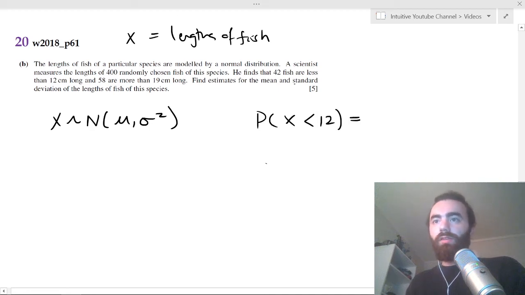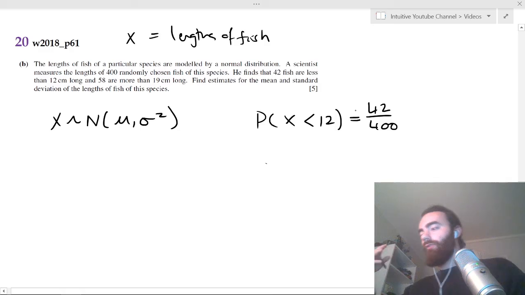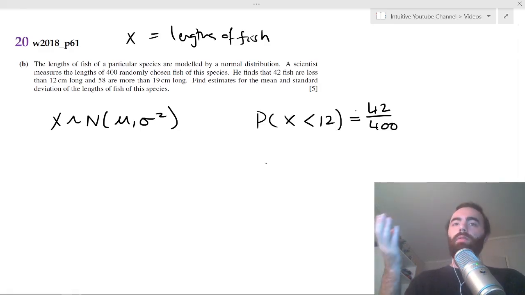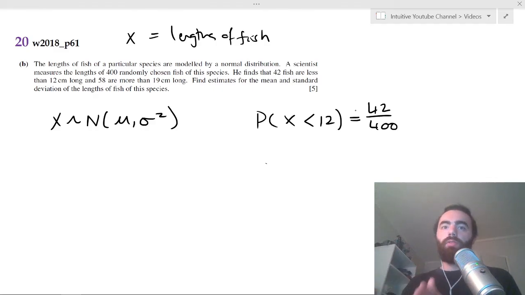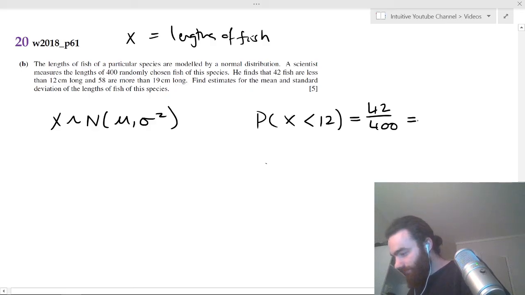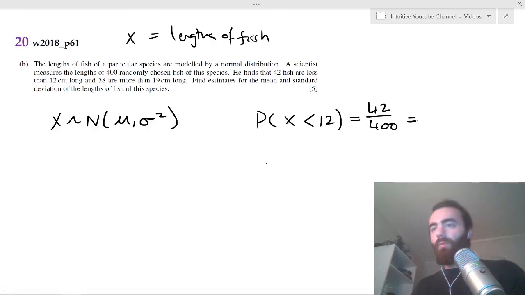Well, this equals, there's 42 of them out of the 400, so that equals 42 divided by 400. So out of 400 randomly chosen fish, 42 of them were smaller than 12. So the lengths of the fish were less than 12. That means that the probability is 42 divided by 400, that equals 0.105.